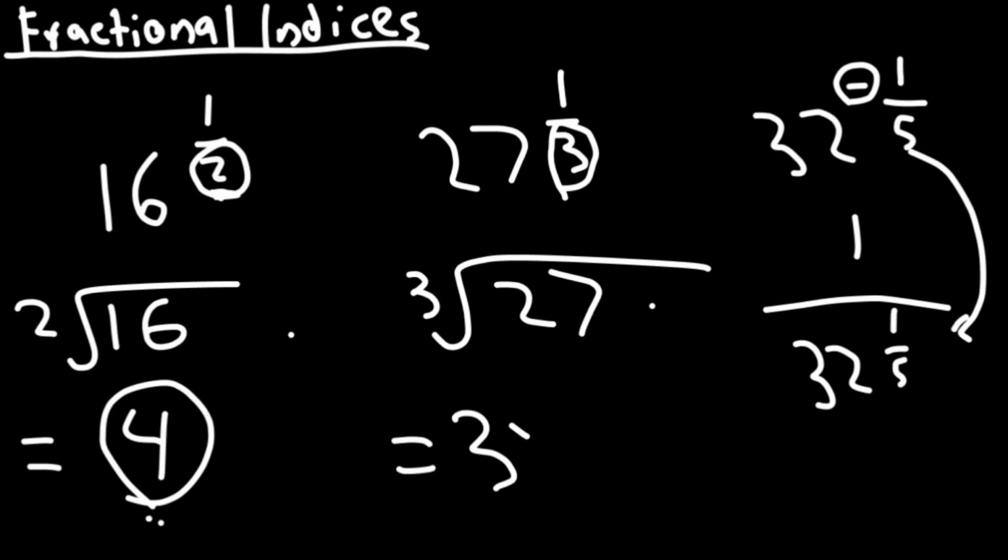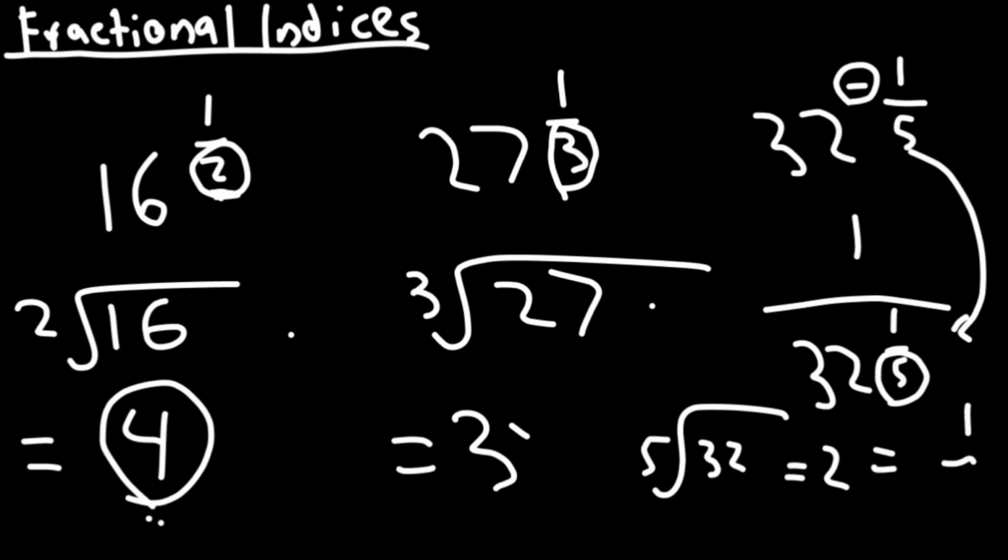Then we take the denominator and make it a root, so it's the 5th root of 32. The 5th root of 32 is 2, and we have to put it under 1 because it is a negative index. So my final answer is 1 over 2, so a half.